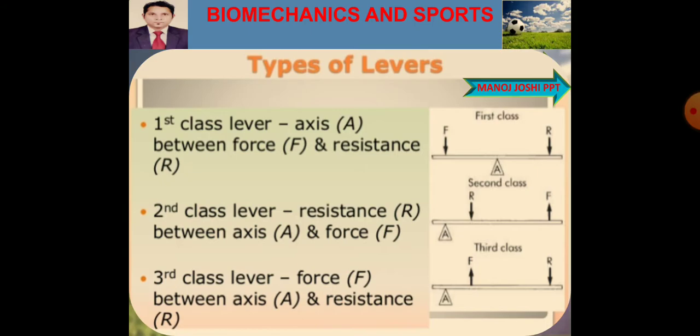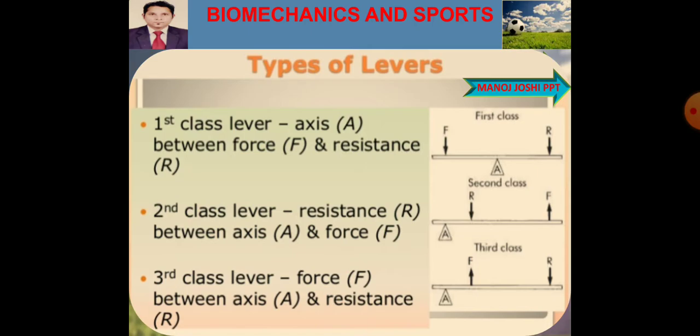That is, the fulcrum is between the force and the resistance. The force is being applied, the resistance is the weight, and the fulcrum is the axis which helps us to work easily. This is the type 1 lever.